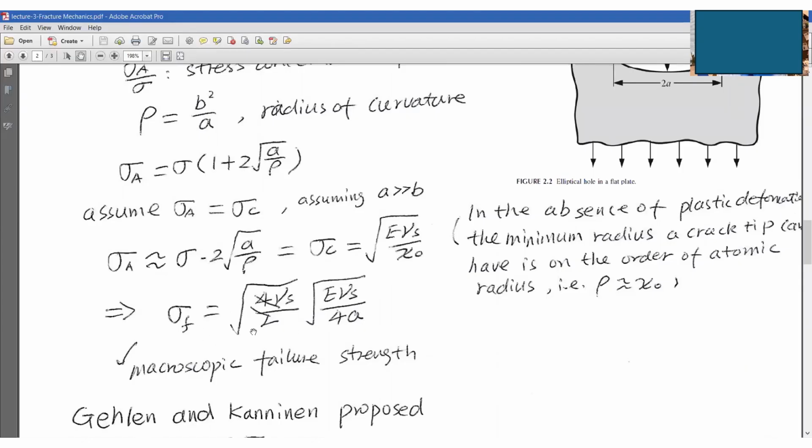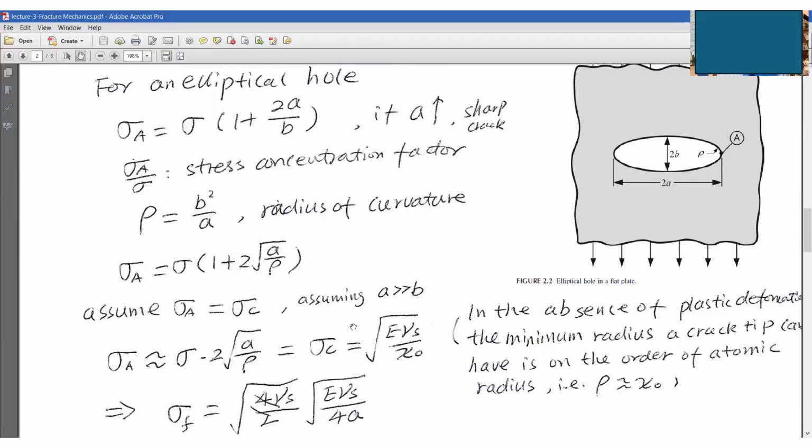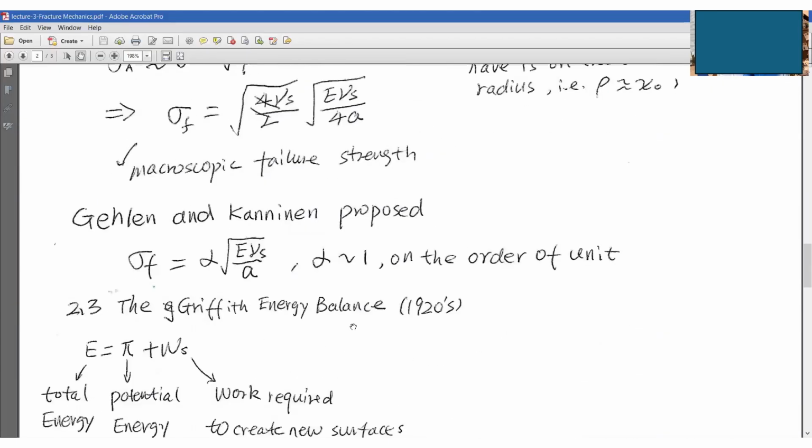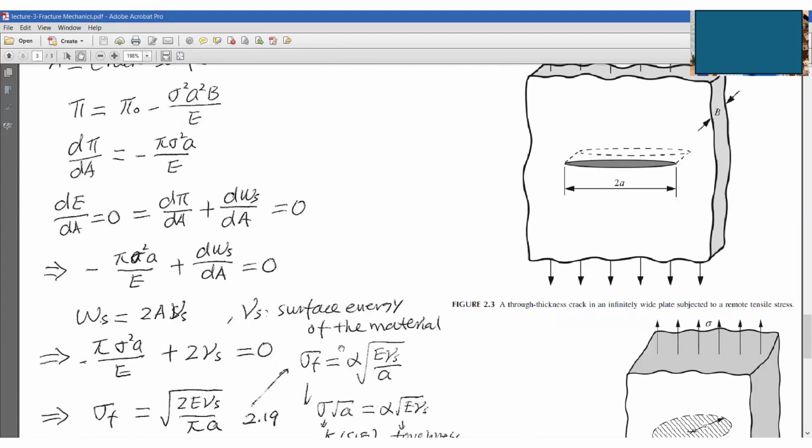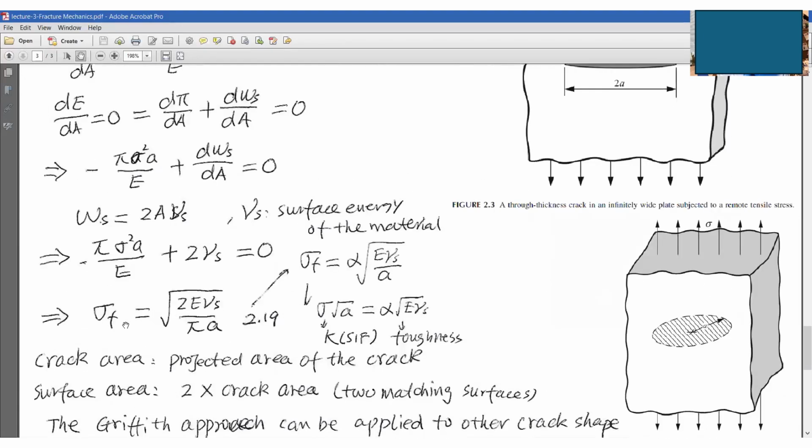And we know the equation to calculate sigma_f if we know Young's modulus, the surface energy gamma_S, and the crack length a. And we also know the Griffith energy balance equation, from the energy perspective, and how to derive sigma_f.